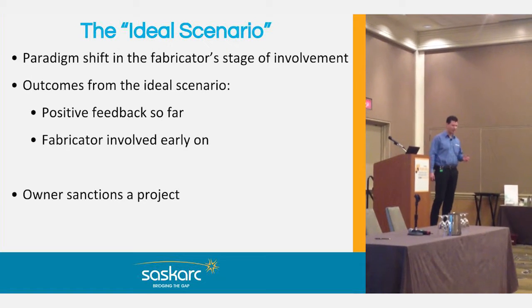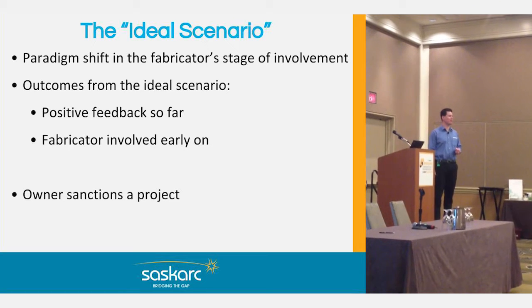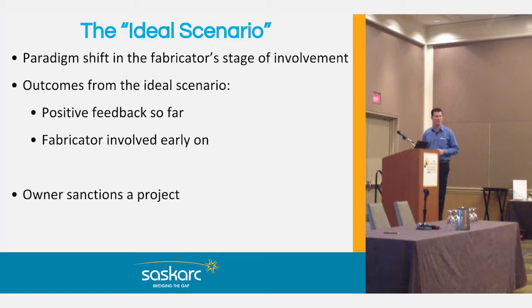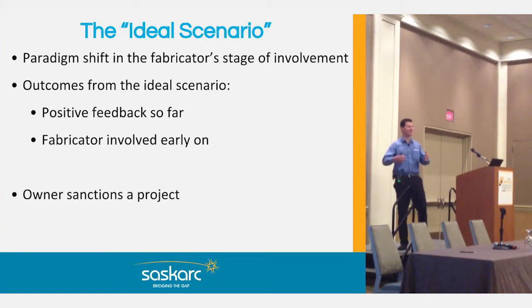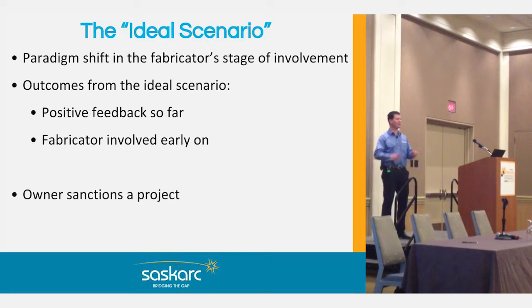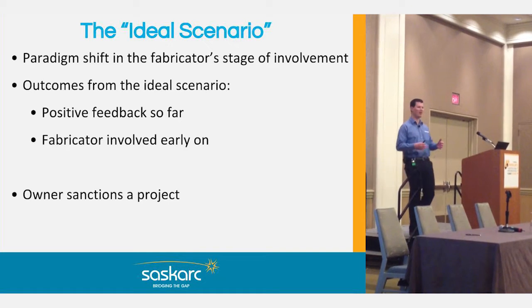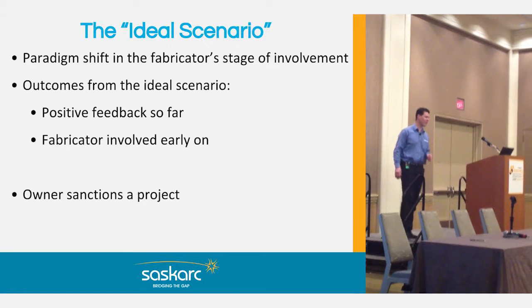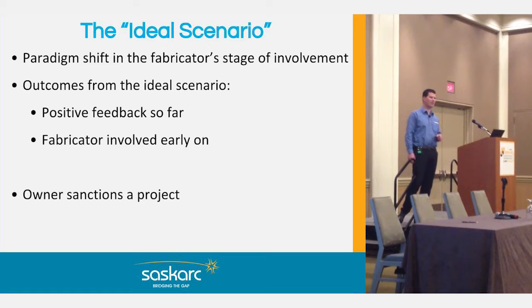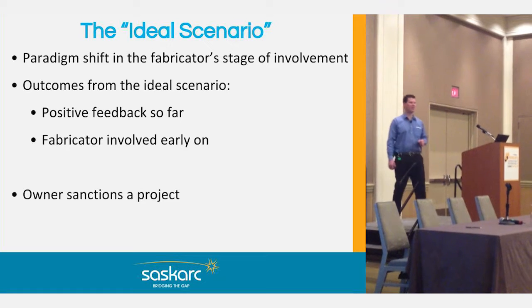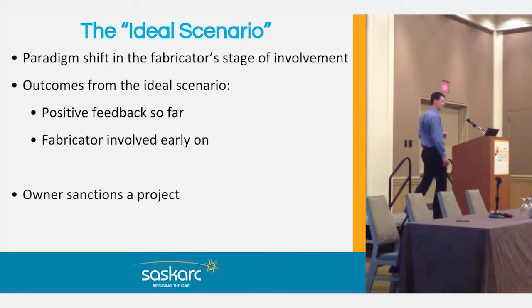So the ideal scenario, as we see it, is really a paradigm shift in the fabricator's stage of involvement, and it's something that came up a few times yesterday through the different sessions, and again this morning. The owner sanctions the project, so it goes through the same process at that level. Then the EPC becomes involved and starts the preliminary design, and at that point they share the design with the fabricator.